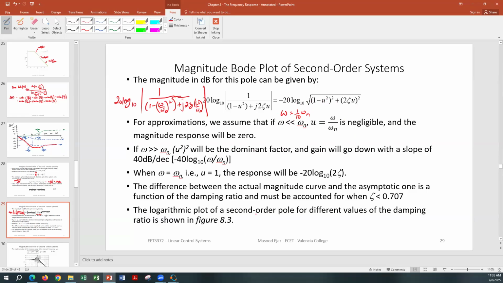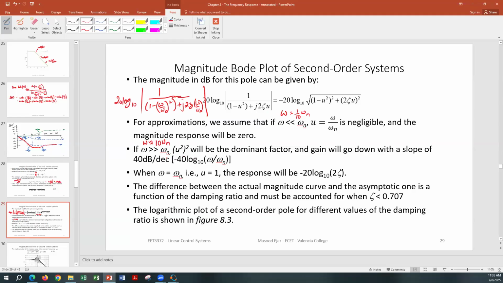So until 1/10 of the natural resonant frequency, your response is going to be 0 for the second order system for the pole. And we assume omega is much larger than omega n, generally 10 times omega n, that is usually assumed. If omega is approximately equal to 10 times omega n, that's considered much larger for the approximation, like we did for the phase Bode plot.